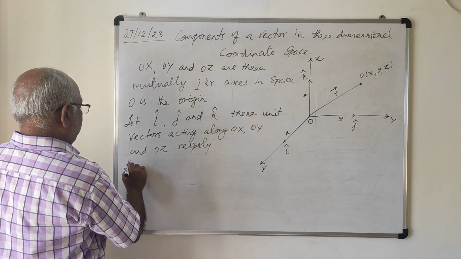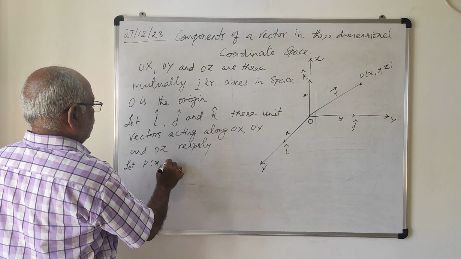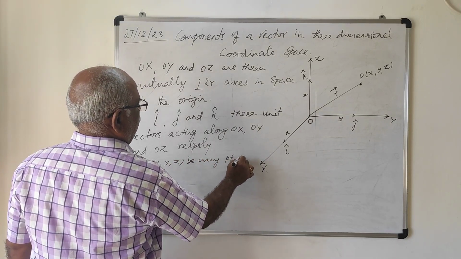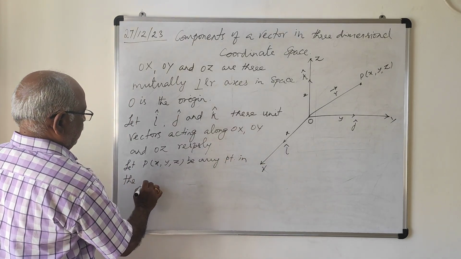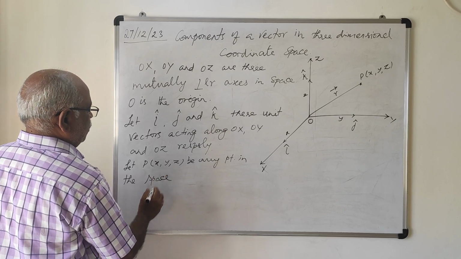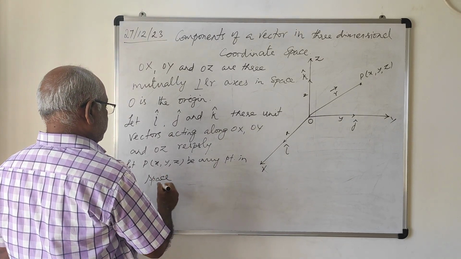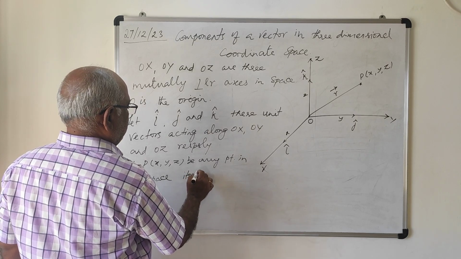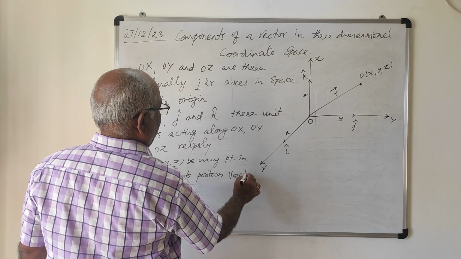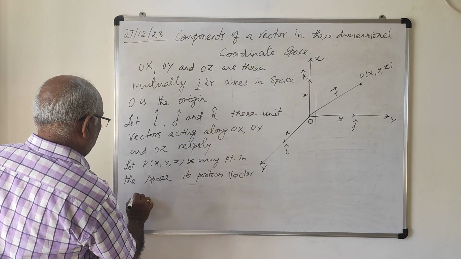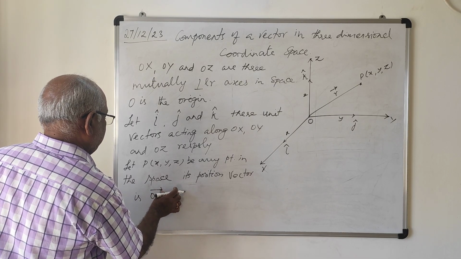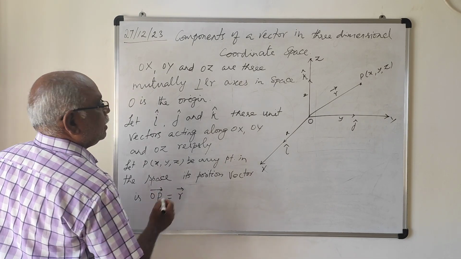Let P (x, y, z) be any point in space. The position vector of the point P is the OP vector. It is denoted by the R vector.